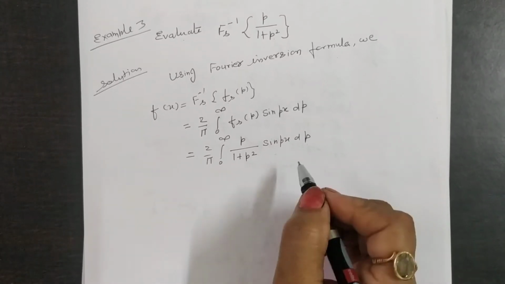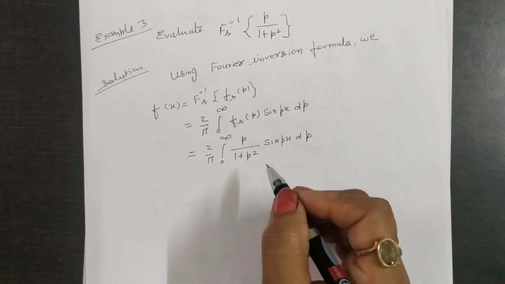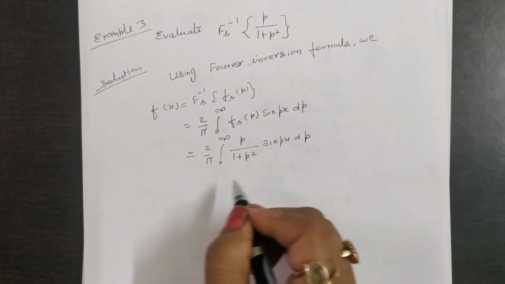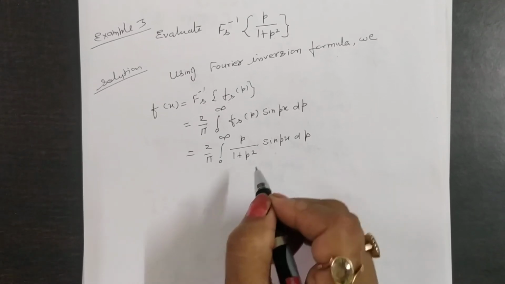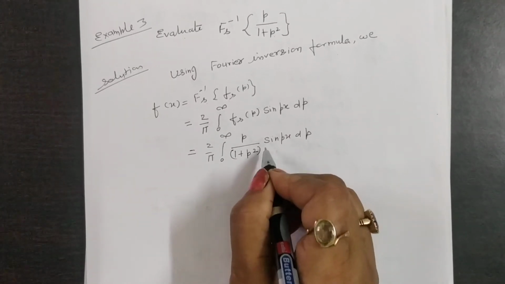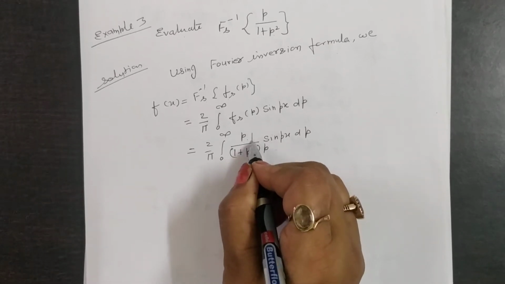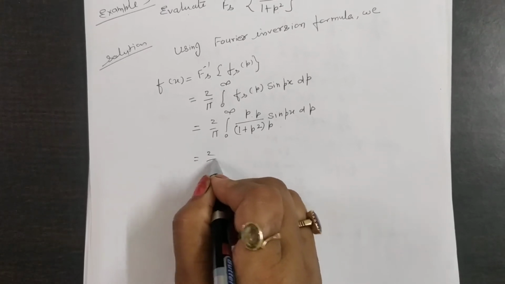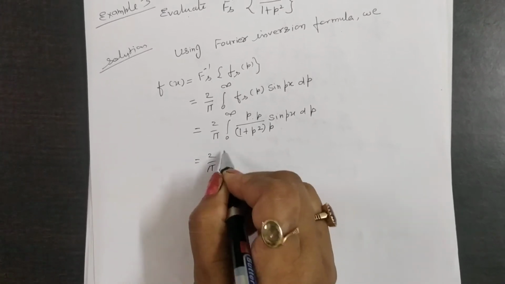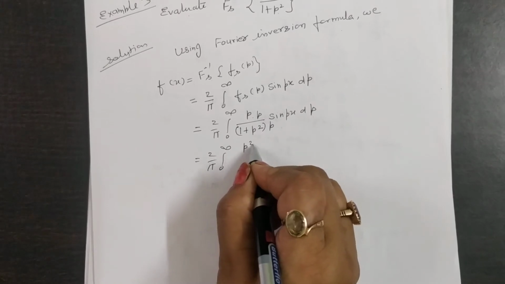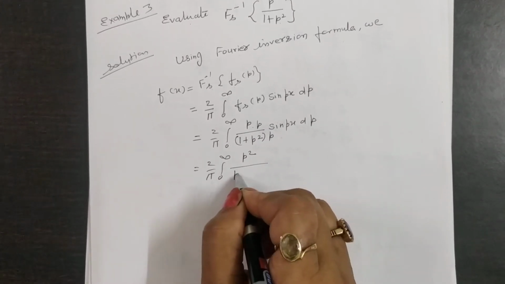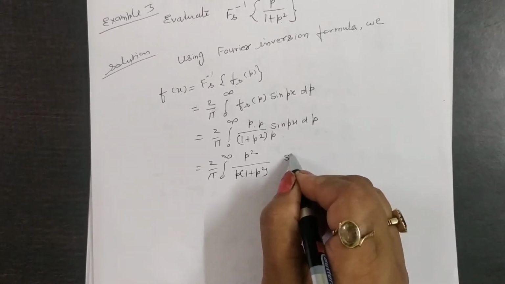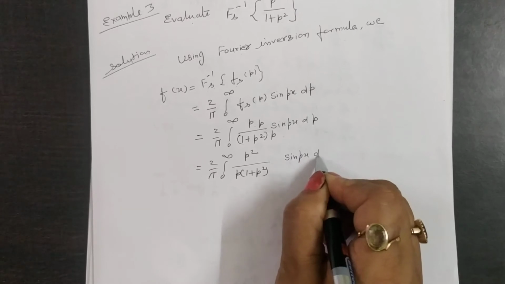Now here we are using the Fourier inversion formula. This can also be written as, if you multiply and divide by p, then this becomes 2/π ∫ from 0 to ∞ of p²/(p(1 + p²)) sin(px) dp.